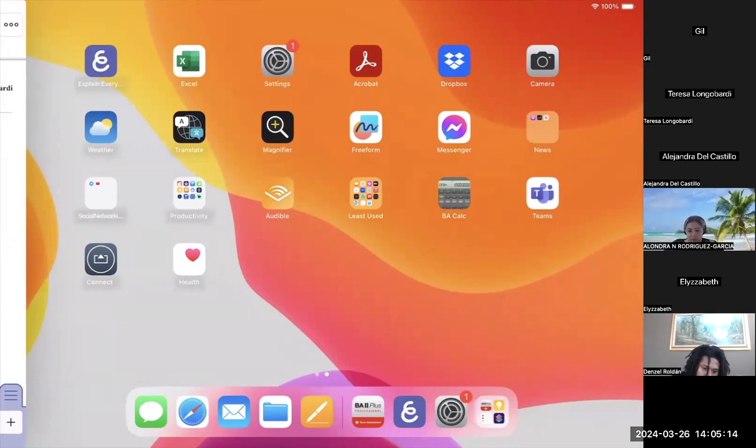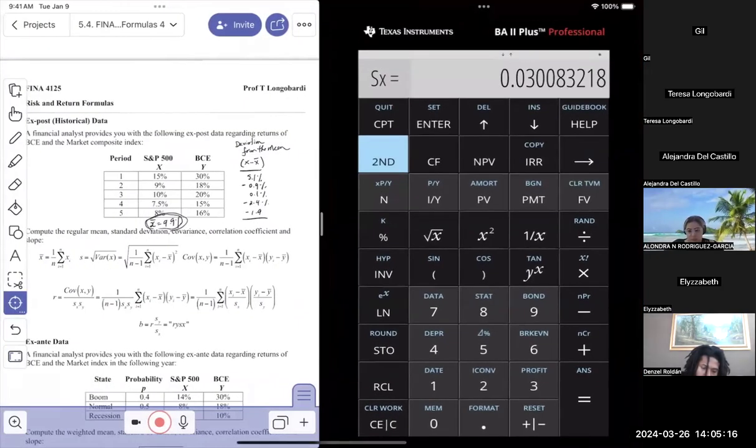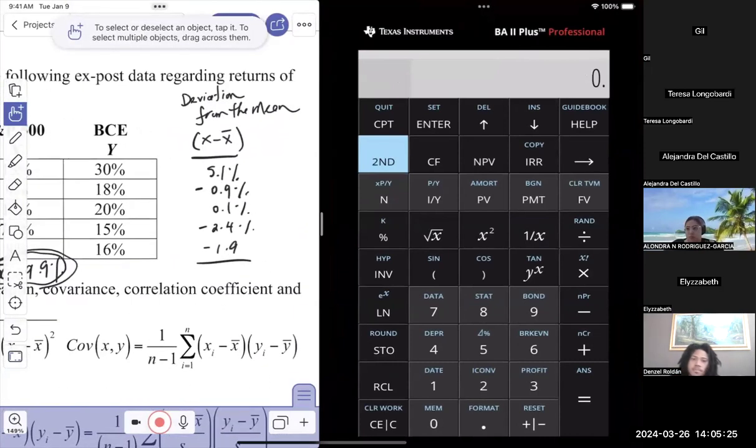Try it again. So if I put it here, I'm going to overwrite what I did before. I'll put it back later. But just to show you, we can do the mean in here to make sure we make no mistakes. So second data, clear the work, and then I start entering. Now, when I enter the data, I can enter it as 5.1 or 0.51 to make my point.